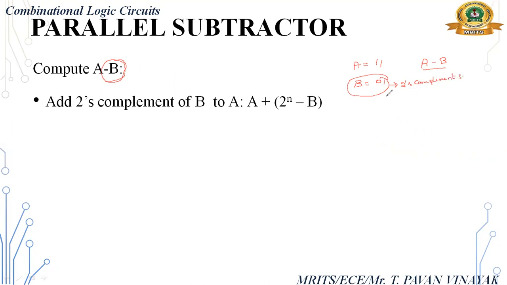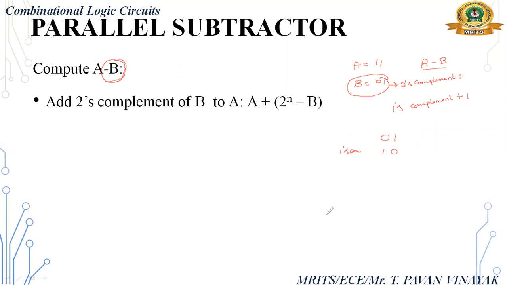So how do you perform 2's complement? 1's complement plus 1, right? 1's complement is the complement of this one. 1 means 0, 0 means 1.